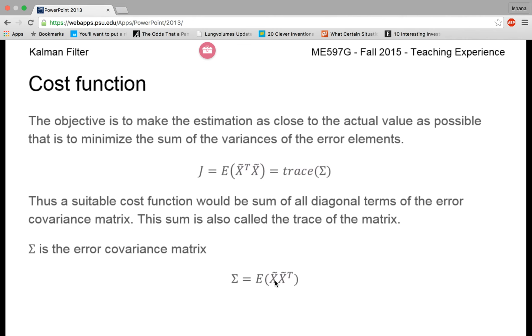So x tilde is basically an n cross 1 matrix, and x tilde transpose is a 1 cross n matrix. So x tilde into x tilde transpose is basically an n cross n matrix, and we are trying to find the expectation of each of these terms in the n cross n matrix.